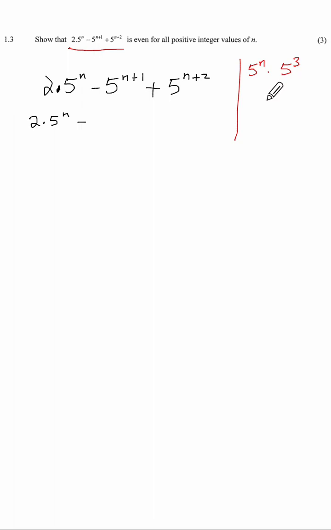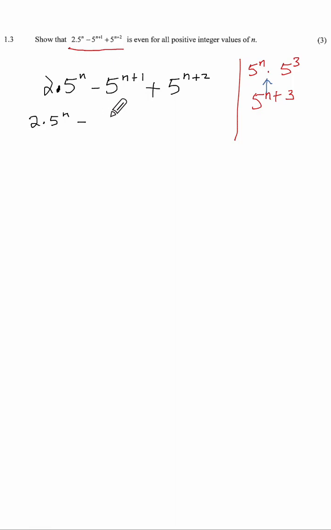By laws of exponents, I know that if I'm multiplying two numbers with the same base, which is 5 here, we add the exponents. So the result would be 5 to the power of n plus 3. So essentially what I have here is this form, and I want to play around with this form so that I can make it this form.